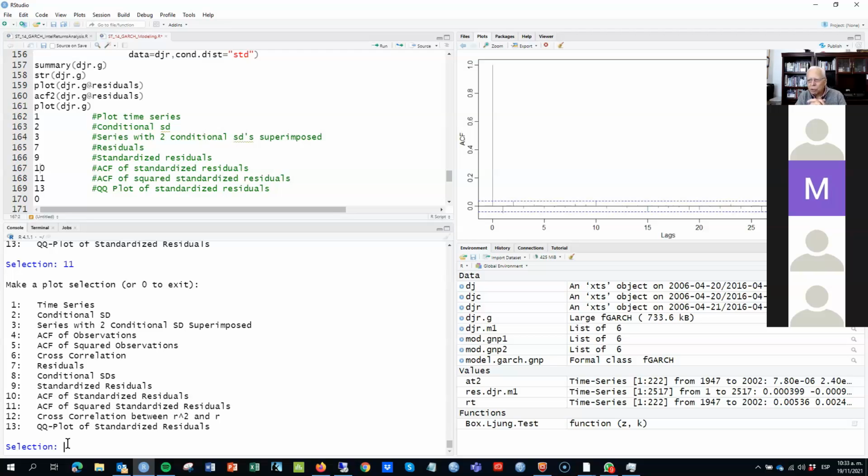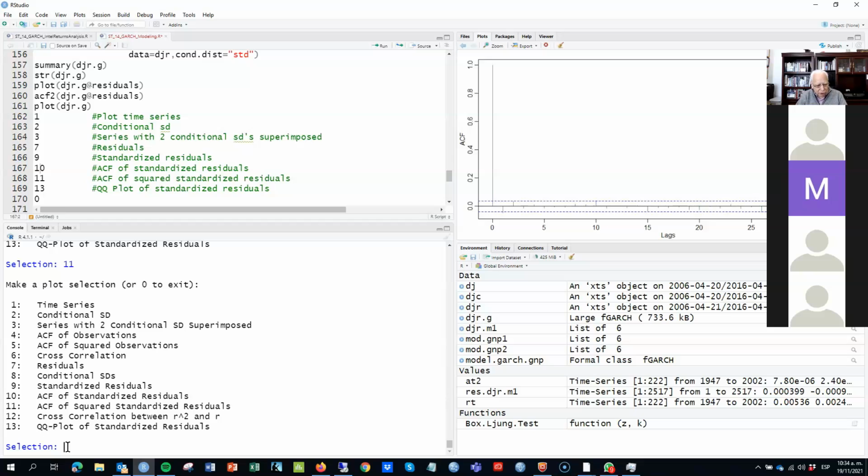I need to correct the model. So this is an important diagnostic tool to see if I do not have any conditional heteroscedasticity left that has not been captured by the complete model that I just fitted now.